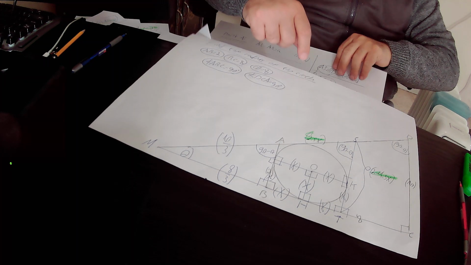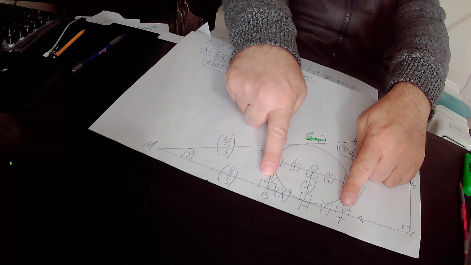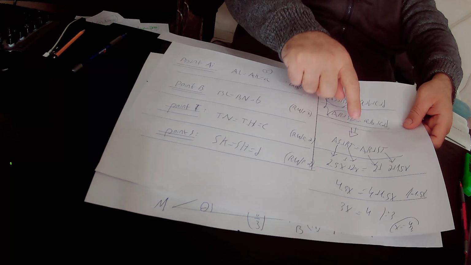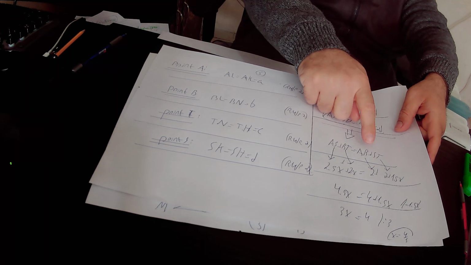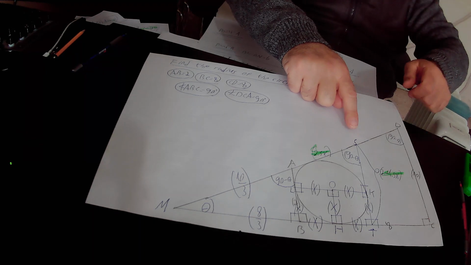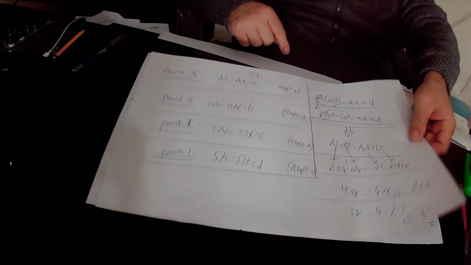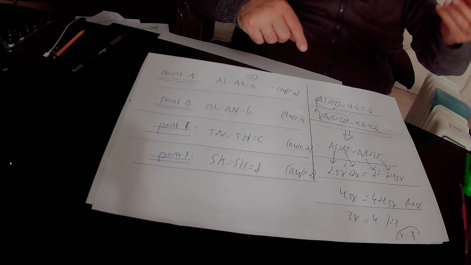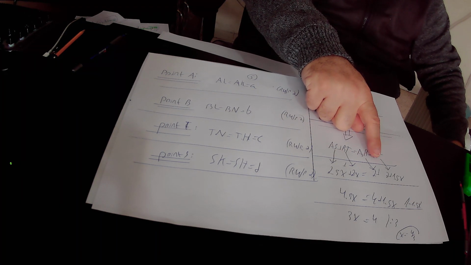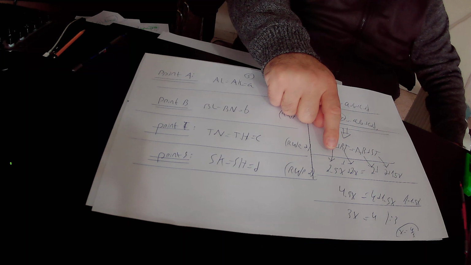BT is 2x, so we substitute BT by 2x. And it is equal to AB plus ST. AB is 2 plus 2, and ST is 2 plus 1.5x, so we substitute ST by 2 plus 1.5x. So in total, we found that 2.5x plus 2x equals 2 plus 2 plus 1.5x.